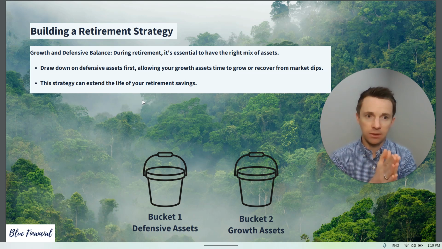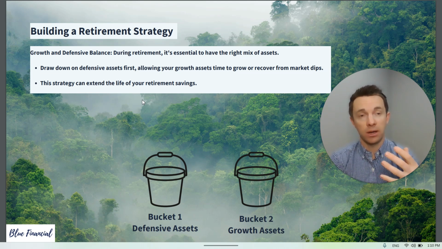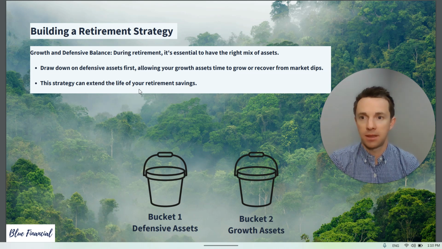Then bucket 2, you can afford to invest in more long-term, higher growth, more volatile assets because you don't need to touch this money for at least 5 years. And this strategy is great to extend the life of your retirement savings by not having to sell shares at a bad time, potentially.